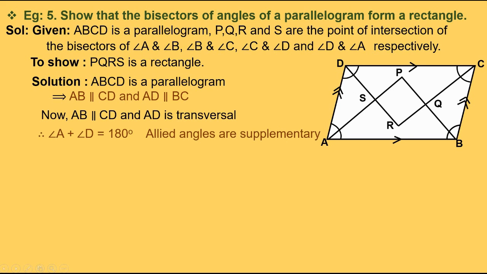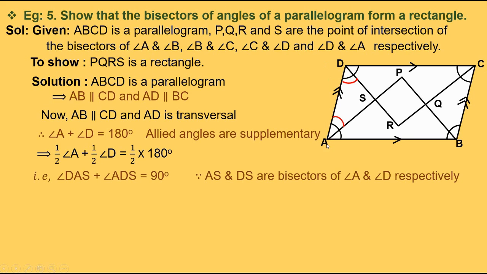This implies half of angle A plus half of angle D is equal to half of 180 degrees. That is, angle DAS plus angle ADS is equal to 90 degrees, since AS and DS are the bisectors of angle A and angle D respectively.